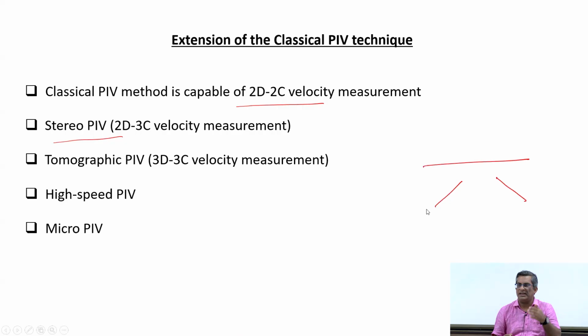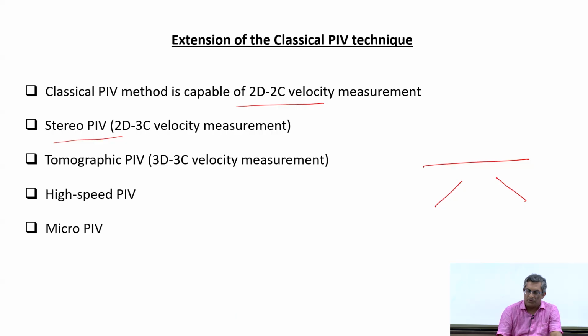So, instead of one camera, you use two cameras. It works the same way as our eyes work. Each eye captures a different view, and the views are reconstructed in the brain, and that is what gives us the 3D feeling. Okay. And the same thing is done here.